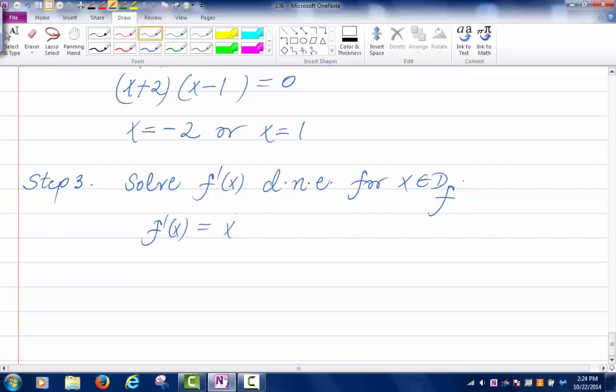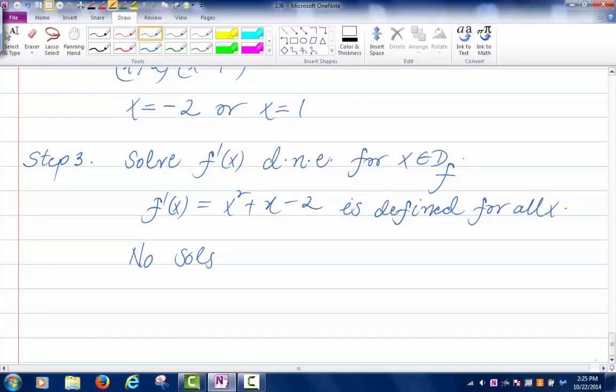The derivative is x squared plus x minus 2, which is defined, right? It's a polynomial function. We know that a polynomial function is differentiable everywhere, right? So it's defined for all x. So in step 3, I get no solution. There are no solutions.